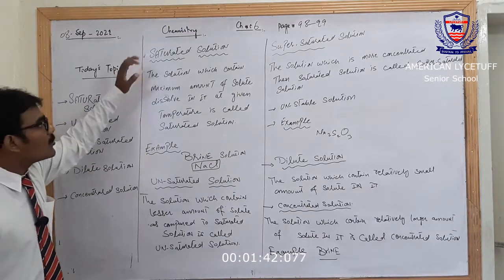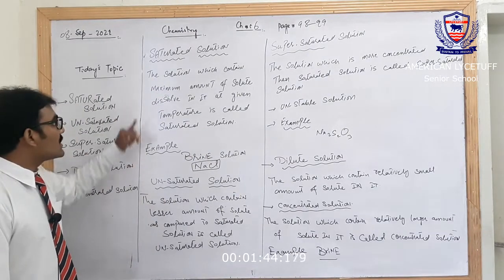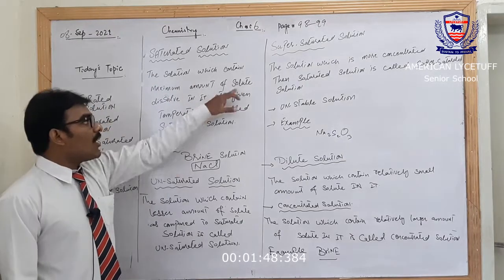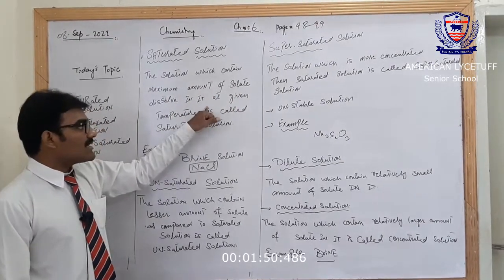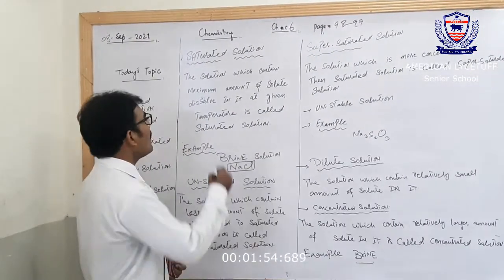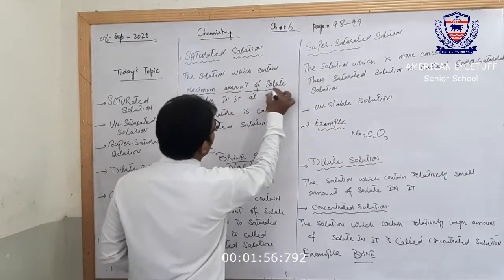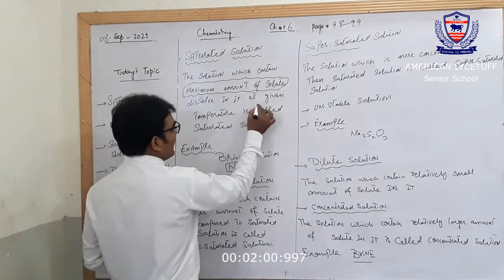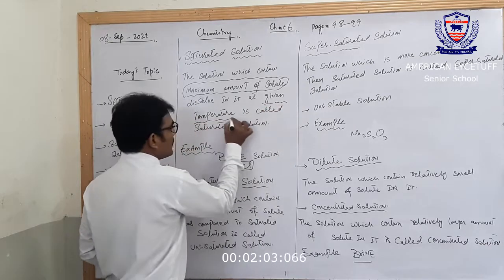Saturated solution. What is a saturated solution? The solution which contains maximum amount of solute dissolved in it at a given temperature. The two most important things are, one, maximum amount of solute, and the second, given temperature.